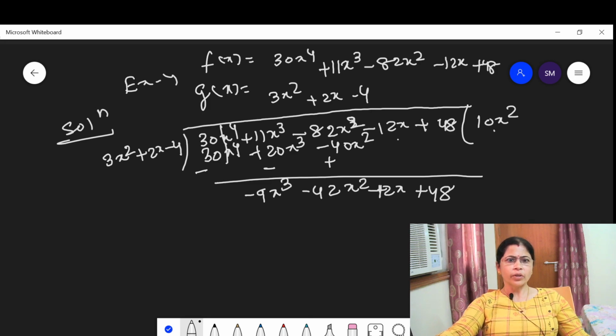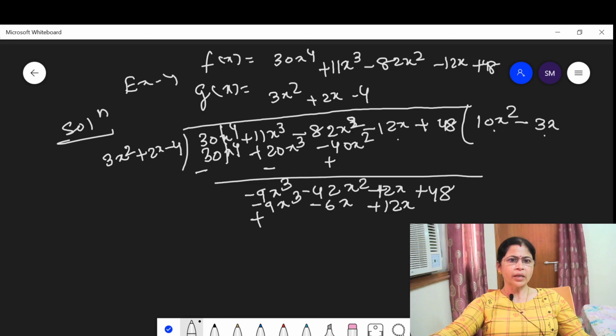Then to get minus 9x cube from 3x square, we should multiply by minus 3x. Minus 3x into 3x square is minus 9x cube, minus 3x into 2x is minus 6x square, and minus 3x into minus 4 is plus 12x.